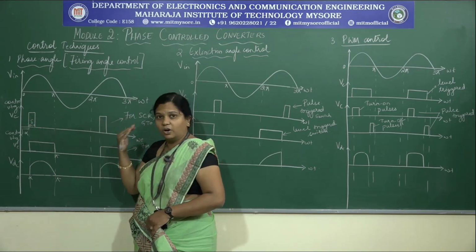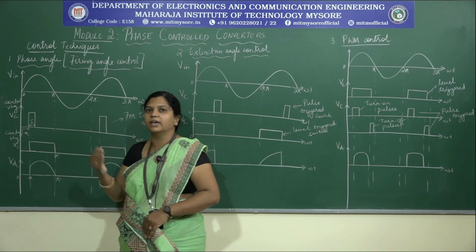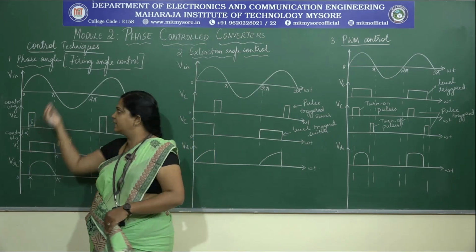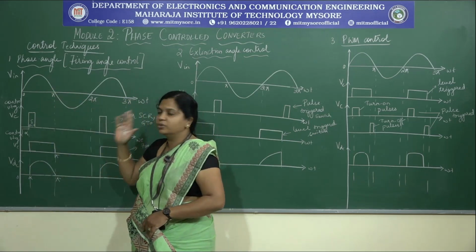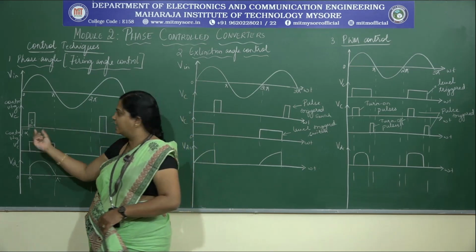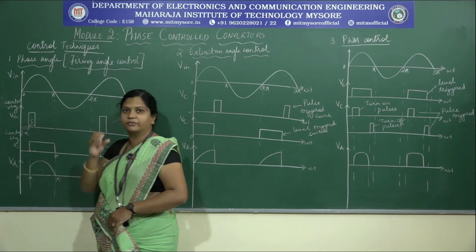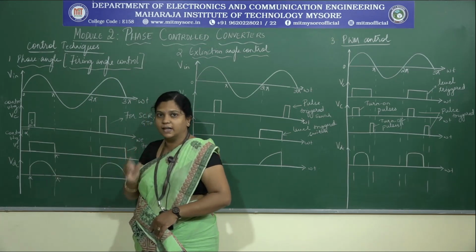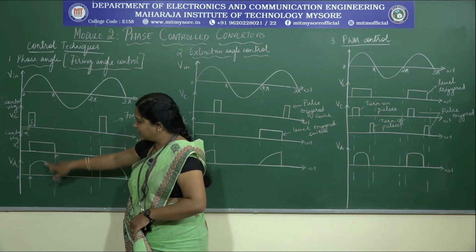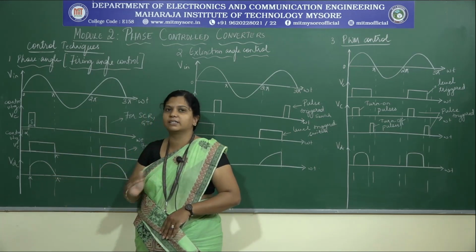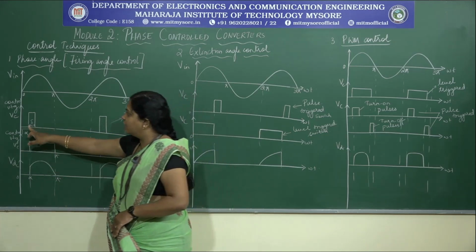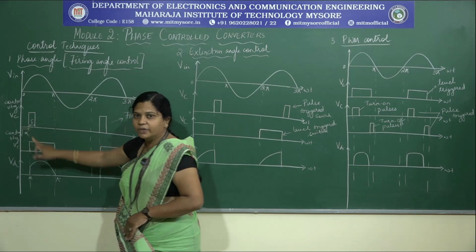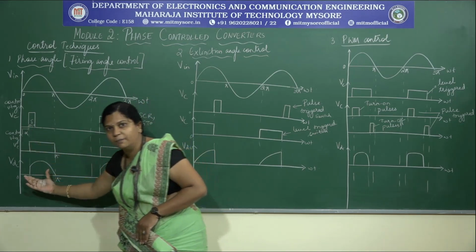So when you do any experiment regarding this SCR and the input voltage, you can clearly observe that whenever the value of the firing angle is more, the value of the output voltage is less. So firing angle and the output voltage are inversely proportional to each other. Now if alpha is small, then what will happen? The output voltage is a bigger one.